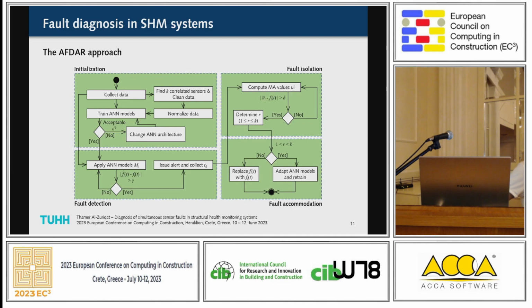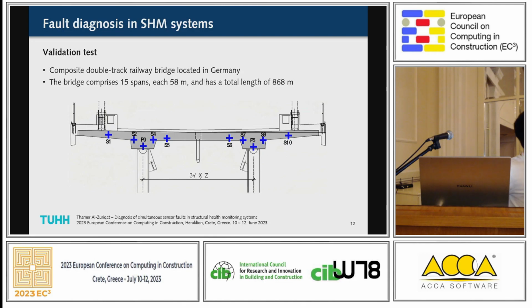We compute the moving average of each sensor for a defined period, and then we can isolate the sensor. Then, based on how many faulty sensors we have, we can adapt our models. In the validation test, I'm going to show you how it adapts.